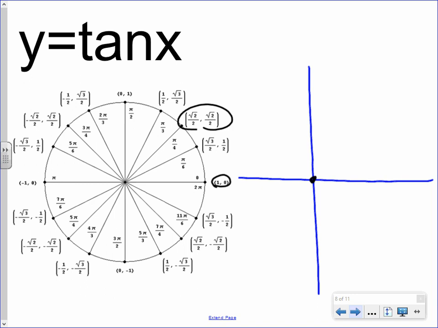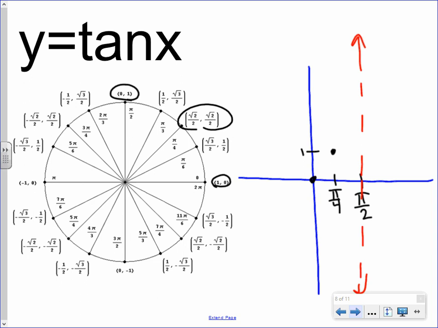What is the tangent of pi over 4? 1. What is the tangent of pi over 2? At pi over 2, we are undefined, which means on the tangent graph, we would have an asymptote.